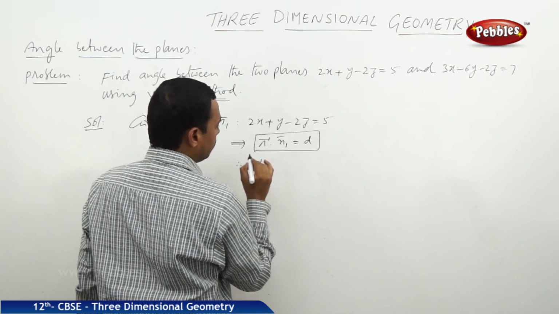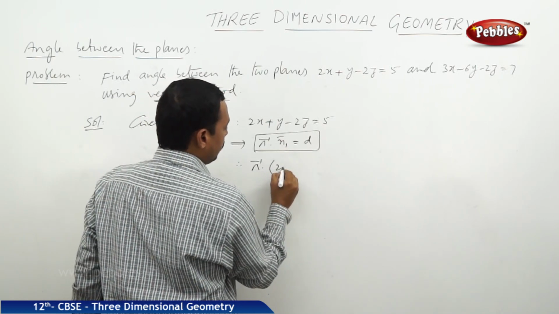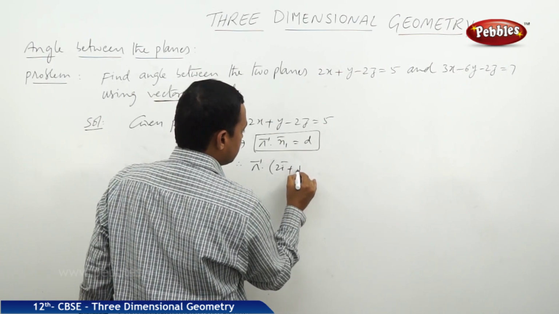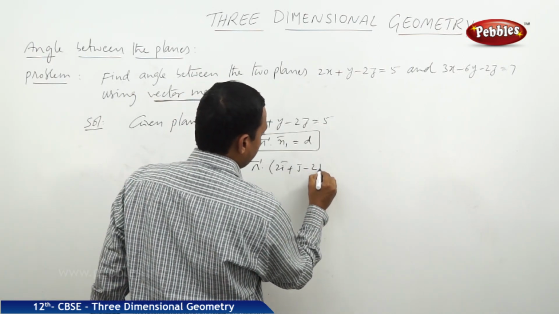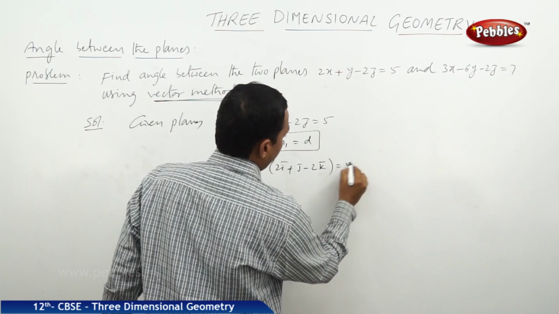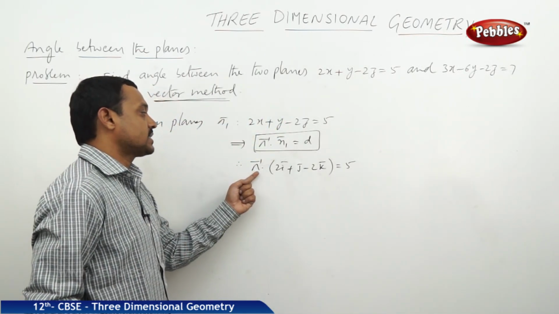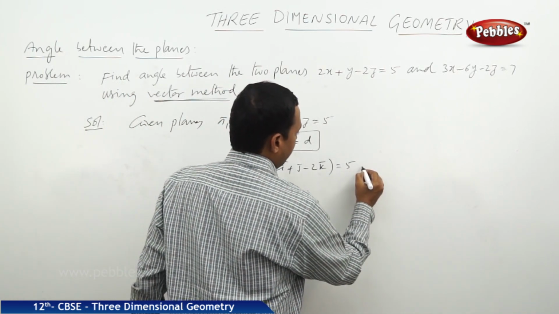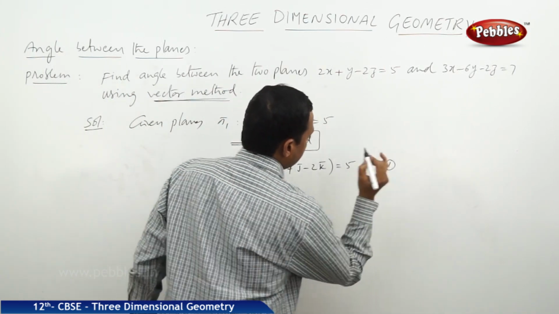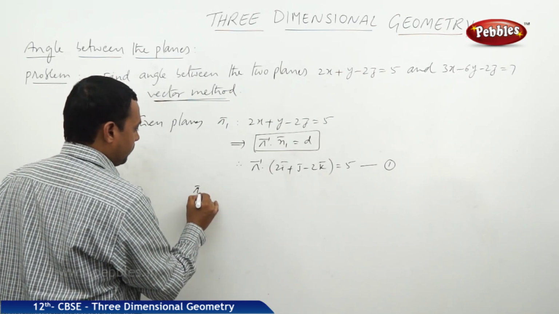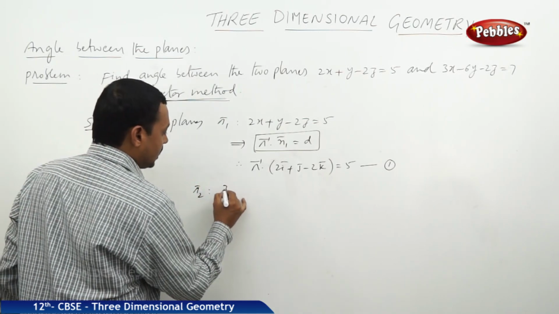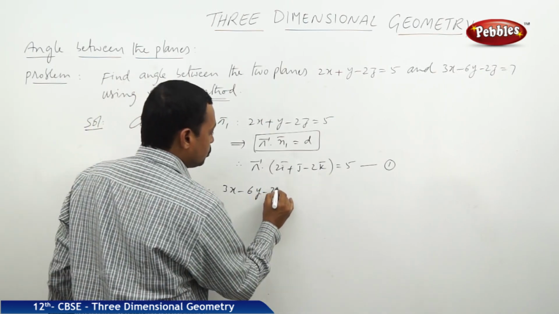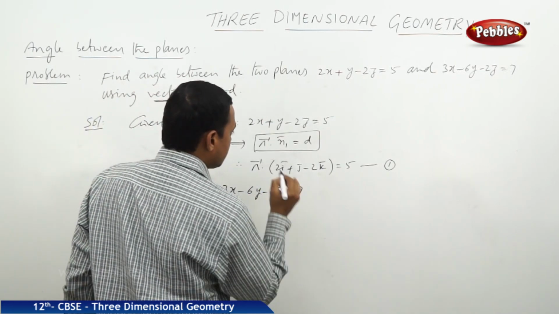Therefore r dot n1, that is r dot (2i plus j minus 2k), is equal to 5, since r vector is xi plus yj plus zk. Now this is the first plane. Next, the second plane pi 2, that is 3x minus 6y minus 2z is equal to 7.